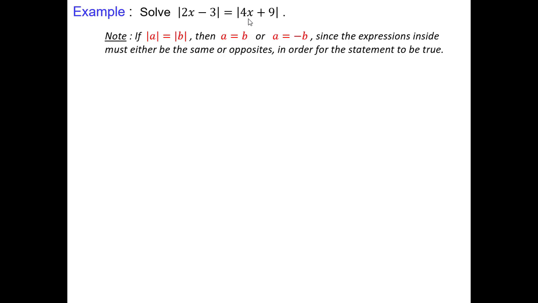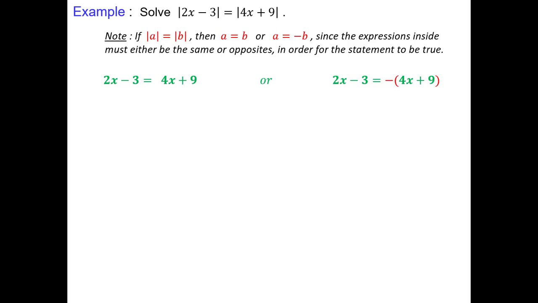The only time that can happen is if the two values inside the absolute value bars are either the same number or they're exact opposites of each other. For instance, the only way for the absolute value of 5 to equal the absolute value of 5 is if both the numbers are 5 or one is 5 and one is negative 5.